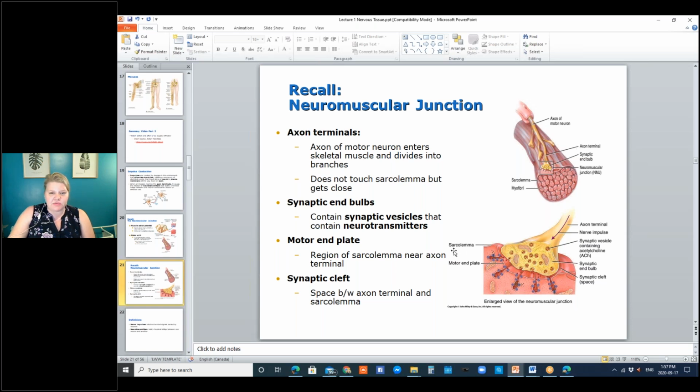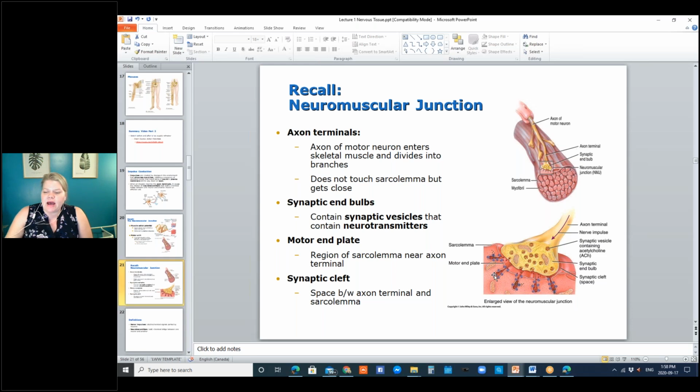The muscle cell's plasma membrane is called a sarcolemma, right? But an axon is just called a plasma membrane. It's just the skin or outer covering of a cell. They just have different names depending on where they're found.